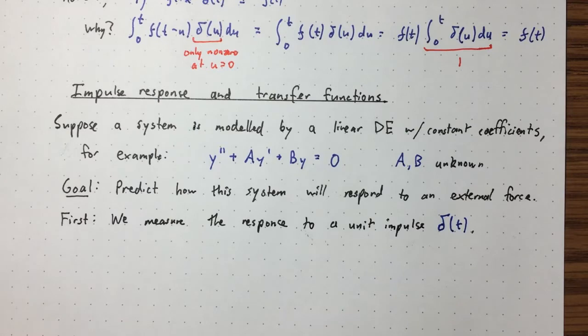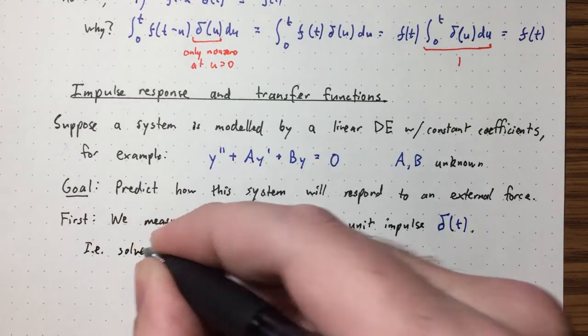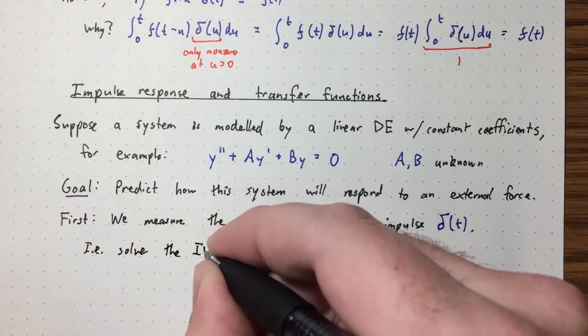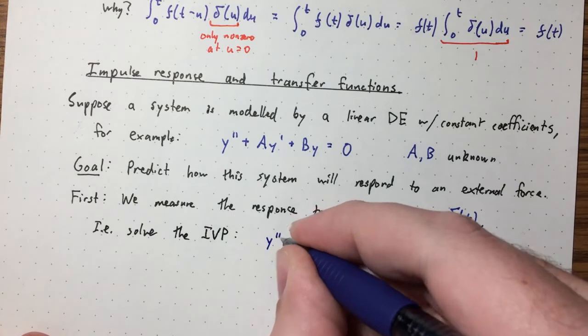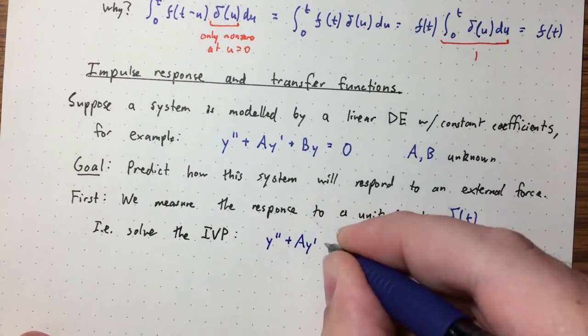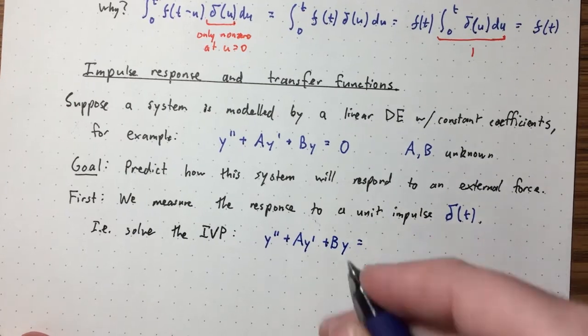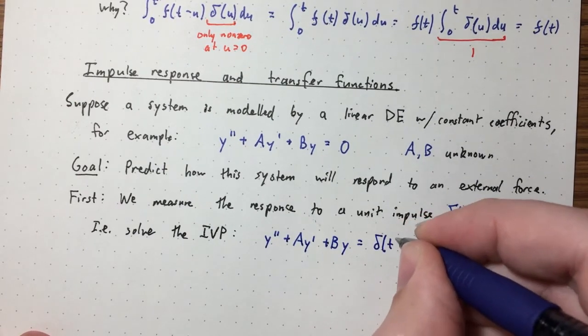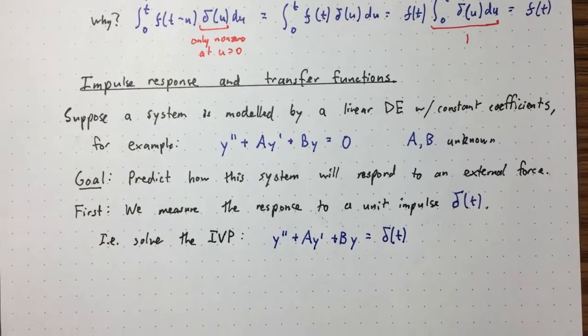Okay. I.e., we want to solve the initial value problem. Y double prime plus AY prime, just our differential equation, plus BY equals, and now we are going to subject the system to a unit impulse. Okay.